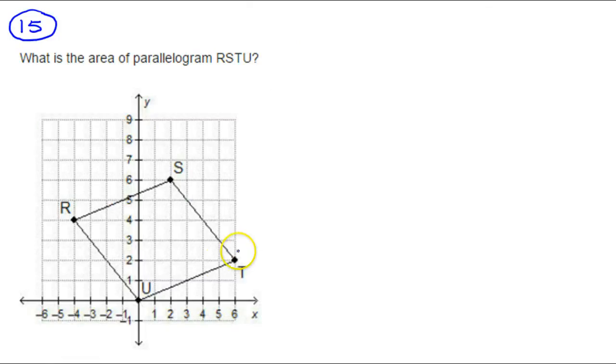Okay, what is the area of this parallelogram? Now I know that the formula for the area of a parallelogram is base times height. Unfortunately, because of the way that this parallelogram is oriented, it's difficult to see what would be the base and what would be the height, and figuring out those lengths would be tedious.